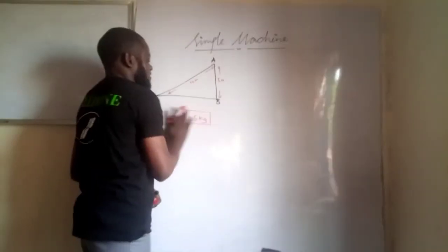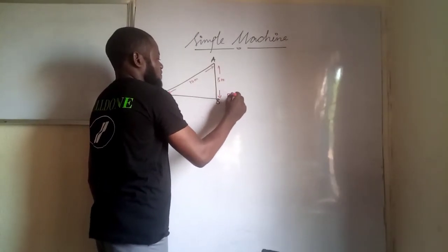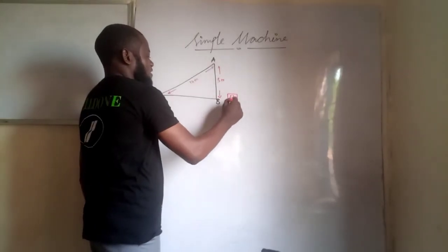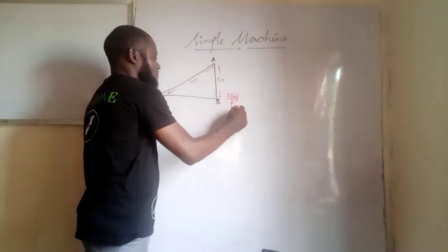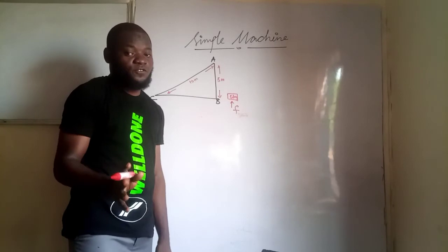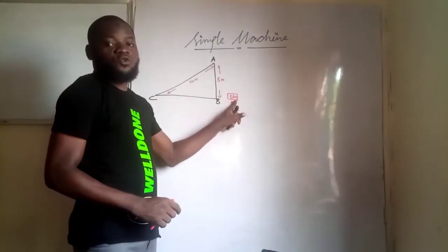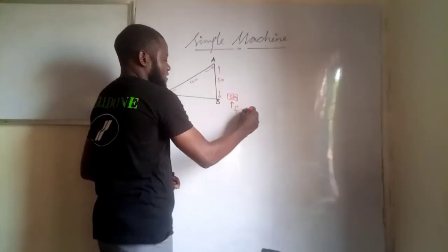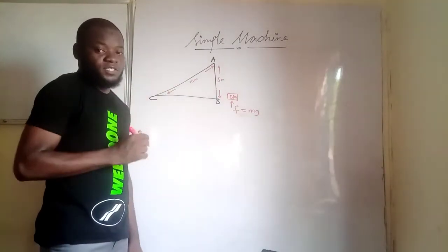Let's take for instance that I want to take it from B to A. This is the work here. The body is 5 kilograms and I want to apply a force. If I'm applying a force F, I can call it an output force or input force now. Let me call this thing F. The minimum force to raise a body is a force that is equivalent to its weight. That is the minimum force required to lift a body.